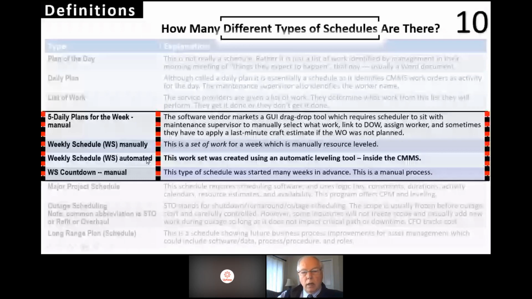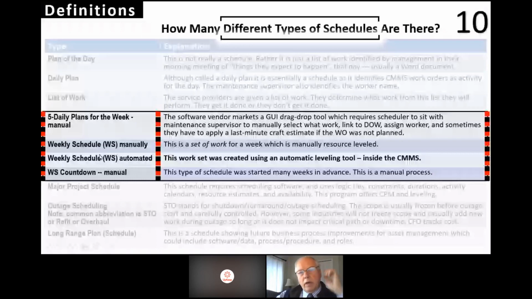This work set is created using an automatic leveling tool and would reside inside the CMMS. So I'm not talking about outage scheduling. I'm not talking about major project schedules with logic ties. I'm certainly not talking about a daily plan. Or in some cases, I know of sites that just produce a list of work and they call that a schedule. Okay, so I'm narrowing the focus.